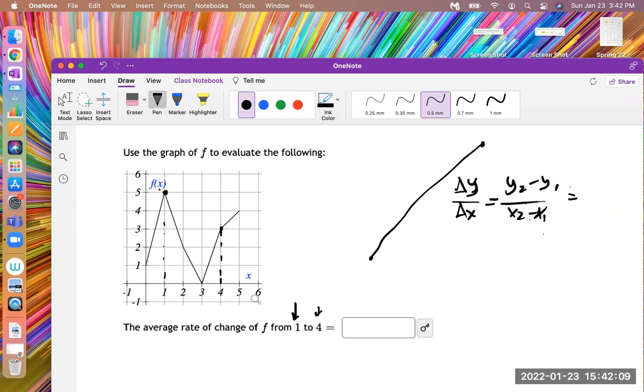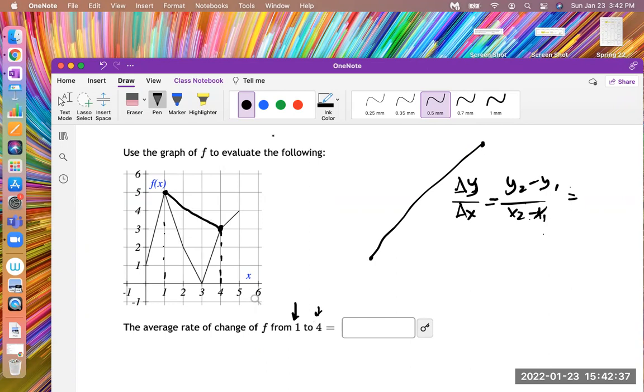Then draw a straight line between those 2 points and find the slope of that, because it really gives us an idea of what happened over that interval. This part is sloping down, but this was a steeper slope and that was a positive slope, so they do look like they would average out to be this slope.